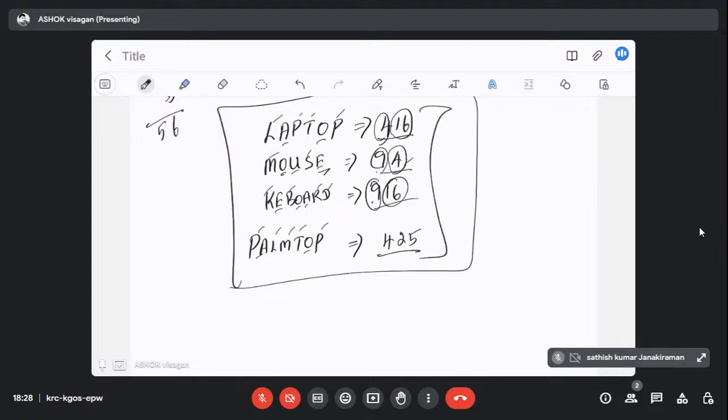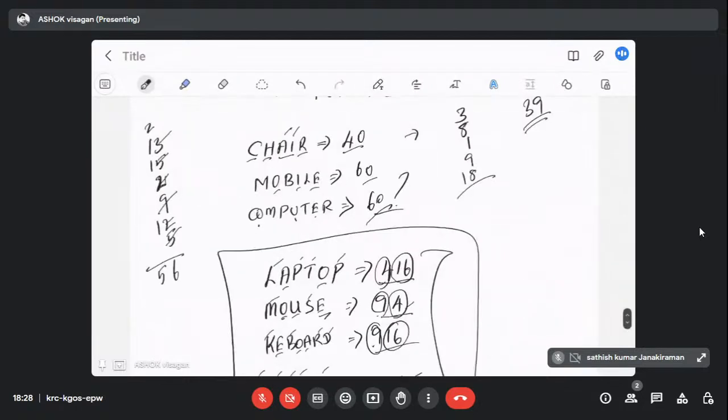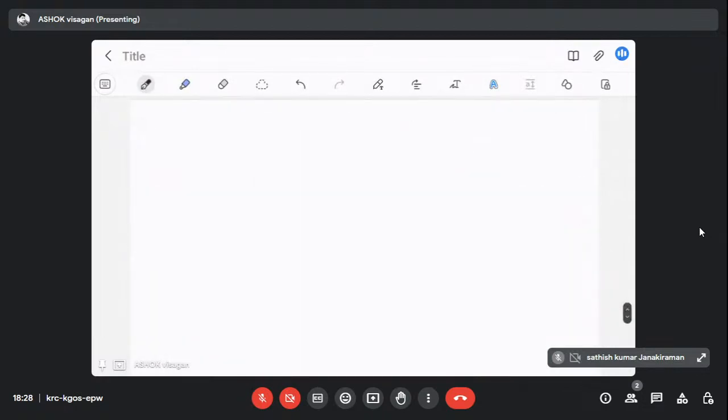So the final answer for the word pom-tom is 425. This is one of the examples for letter to number coding and decoding. And the next one is sentence to sentence coding.